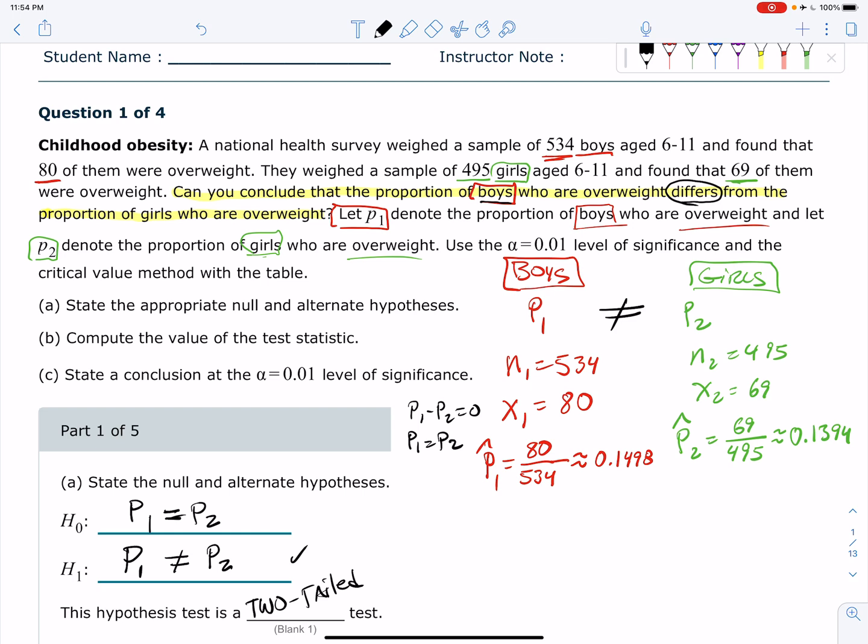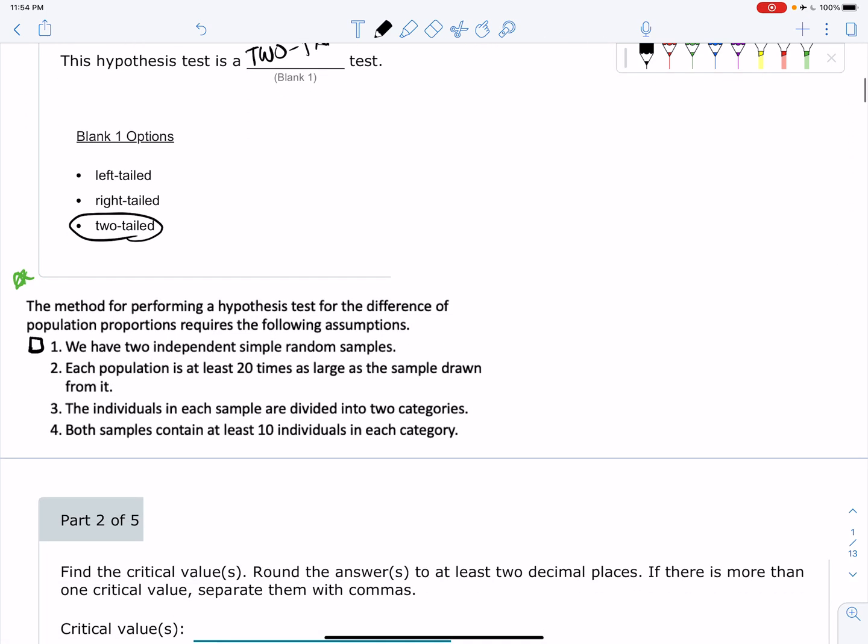I didn't exactly say those words, but a national health survey weighed a sample of 534 boys and found out that 80 of them were overweight. They weighed a sample of girls. So this is justified as a simple random sample.